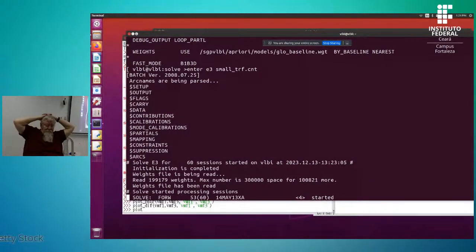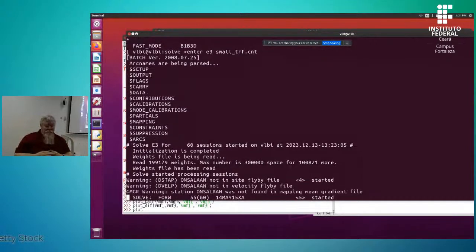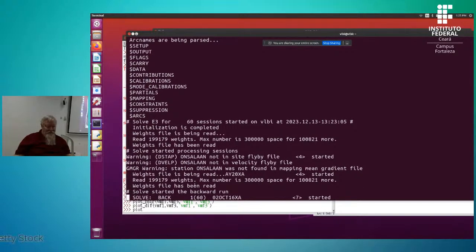I have to be in which directory to do that? You have to be in the examples solve directory. Now, if you look at it down at the bottom, it's saying solve something. Now mine is at 60. I'm not sure where yours is.